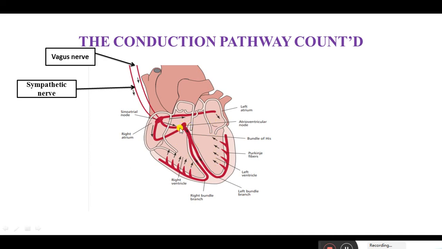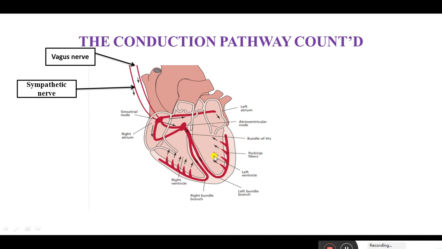The signal is collected by the AV node, which delays the transmission of this impulse down to the bundle of His so that the two atria can completely contract and the two ventricles can completely fill with blood.